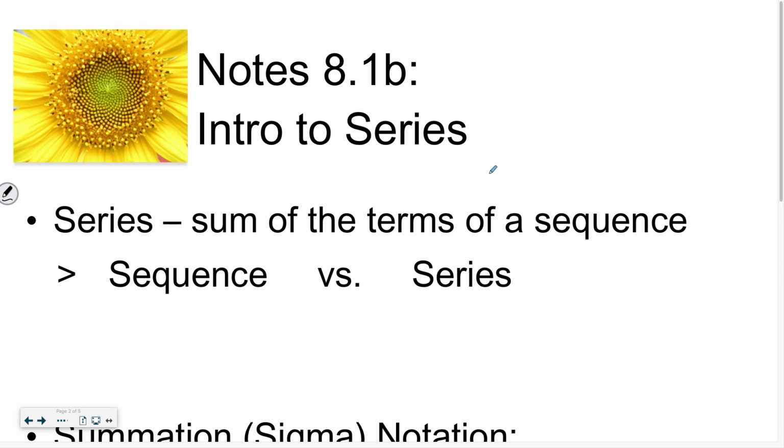I'll pick, remember one of the patterns we saw last week were the perfect squares? So I'll do perfect square pattern. A sequence with perfect squares would look like 1, 4, 9, 16, ... if it was an infinite sequence, right?